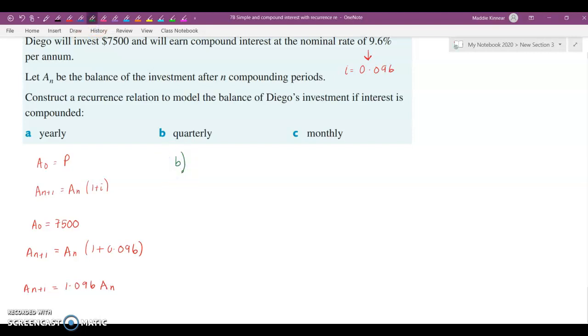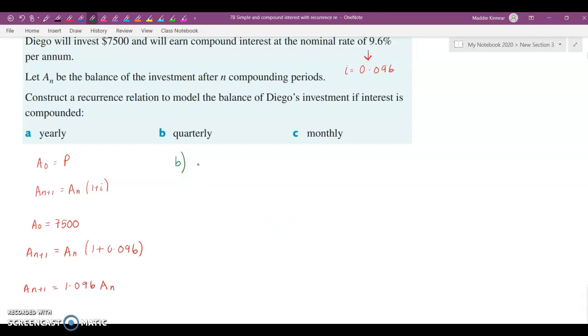Okay, B, quarters. When we change the compounding period, we need to remember this is a nominal rate, so this rate actually represents the full year value. If we're only compounding in quarters, then we need to take this full year value and divide it by 4, because there are 4 quarters in a year.